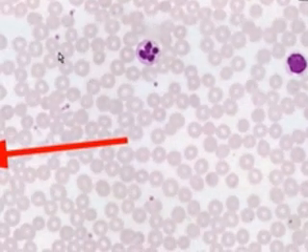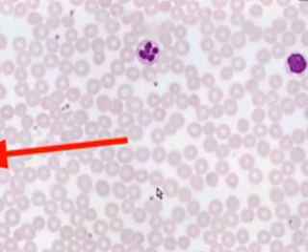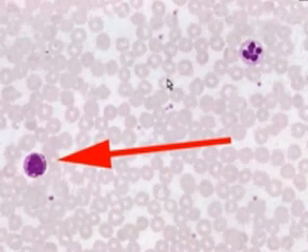All of these little dots, which look like little flecks of material, are platelets. Sometimes they are between the red cells, sometimes they overlie partly or fully the red cells, and there's about 150 to 400,000 platelets in an average cubic millimeter of blood.